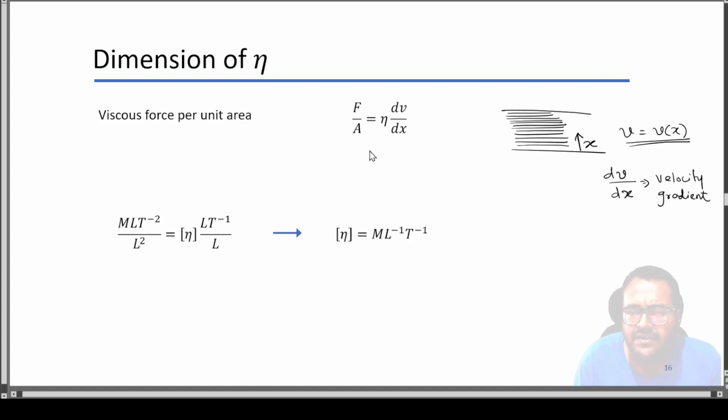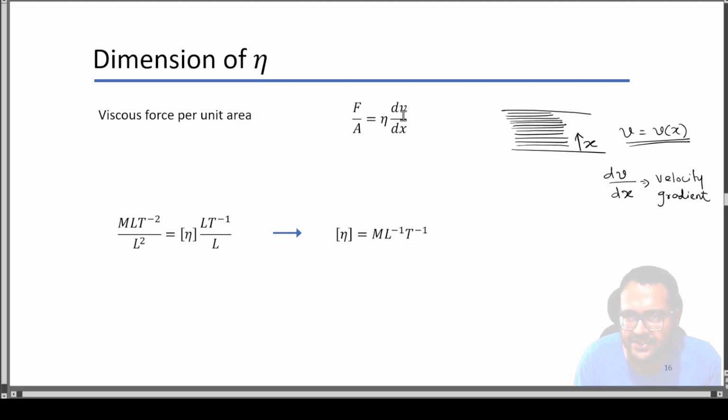Okay, now I write the dimension of F here, M L T to the power minus 2, by L squared, L squared being the area, equals the dimension of eta times dv/dx. So v is L T to the power minus 1, the dimension of v, and the dimension of x.